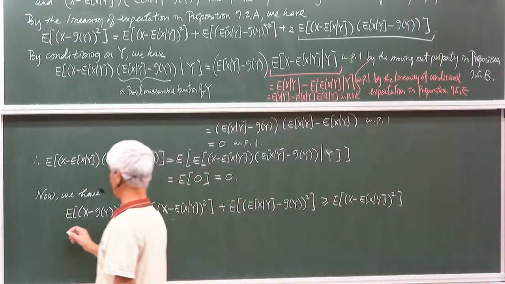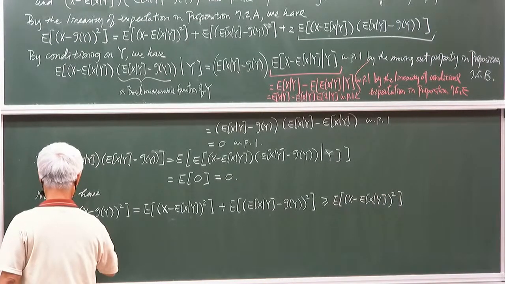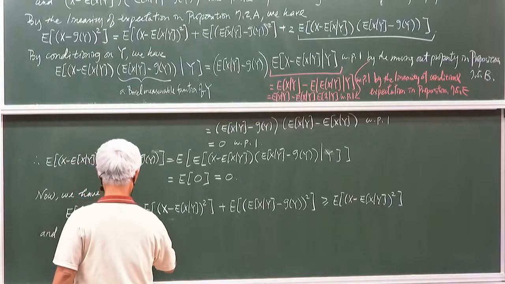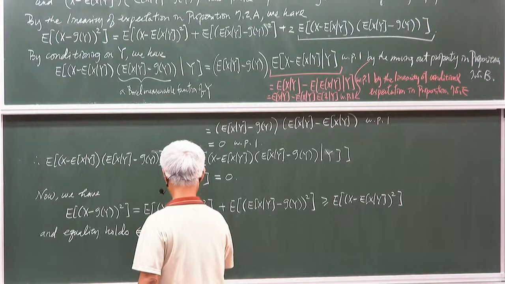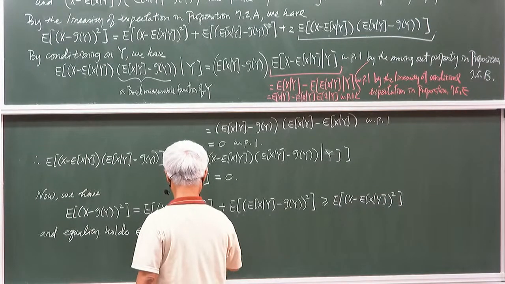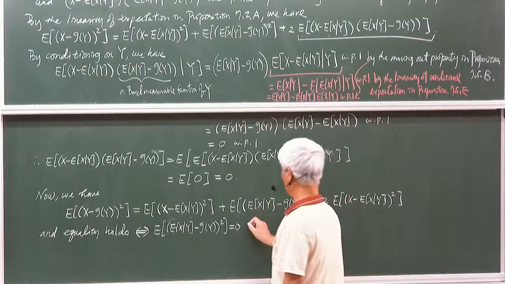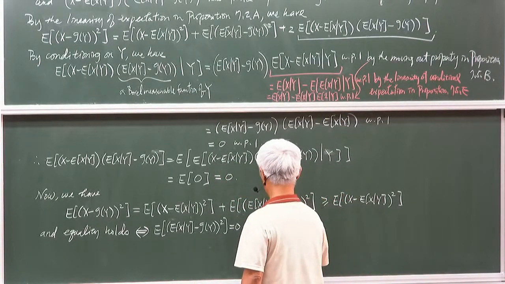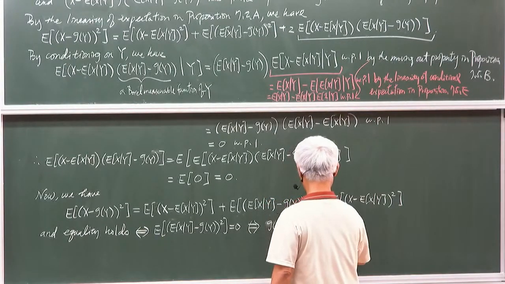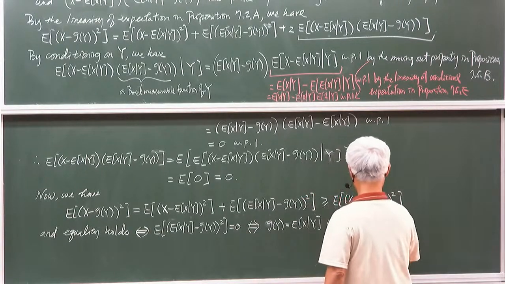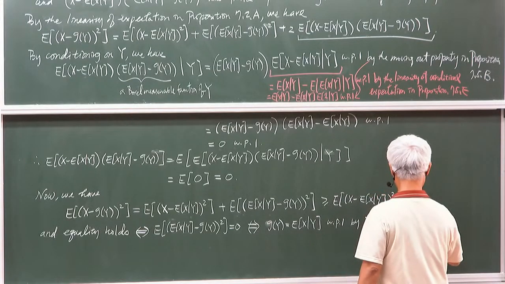And the equality holds if and only if the second moment of the difference is 0, and if and only if g of y is equal to the conditional expectation of x given y with probability 1, by proposition 7.4.c.